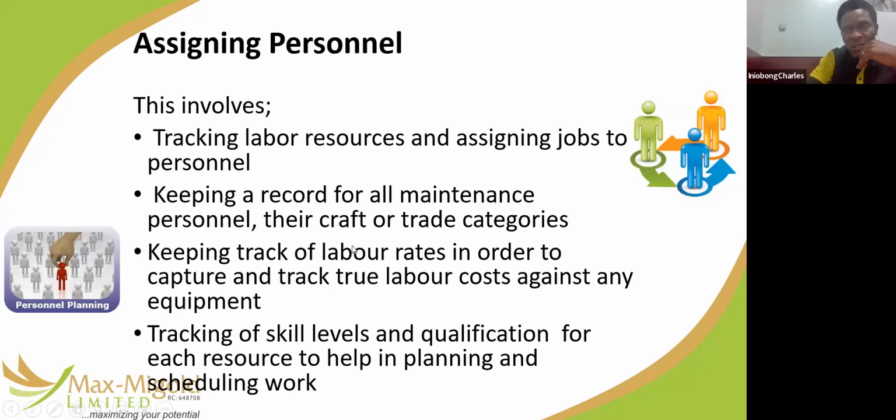Tracking labor resources and assigning jobs to personnel. Keeping a record for all maintenance personnel, their craft or trade category. This is all part of the personnel planning, personnel involvement in maintenance planning.